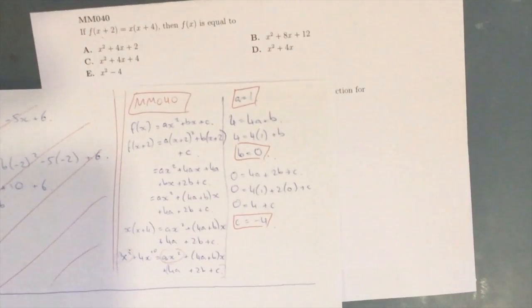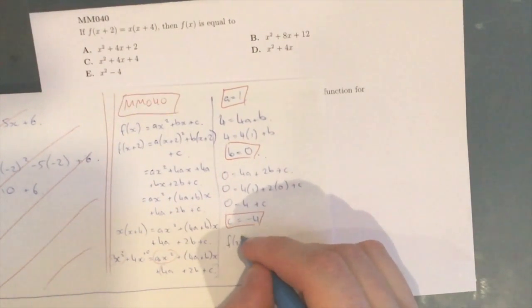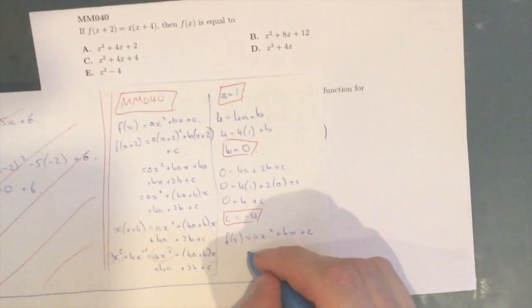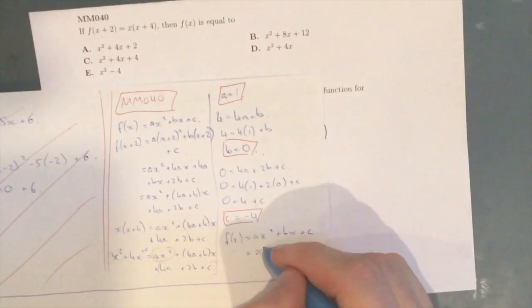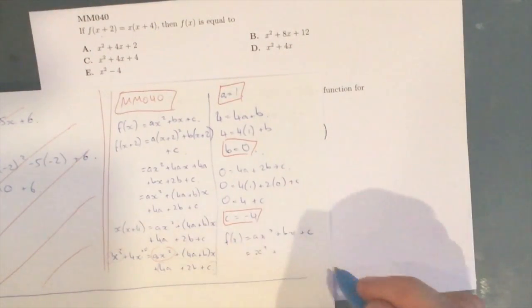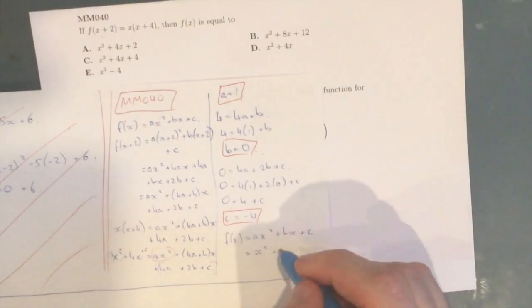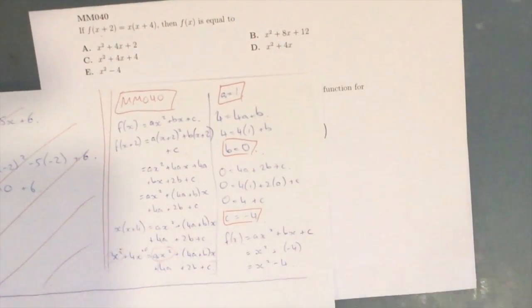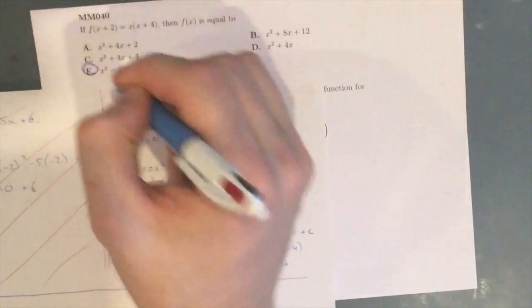Which means if we know that f of x is equal to ax squared plus bx plus c, and we know that a is 1, b is 0, so that cancels, and c is negative 4, f of x is equal to x squared minus 4, giving us our answer of E.